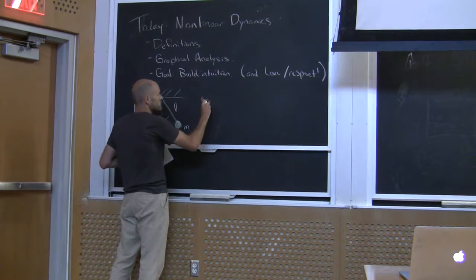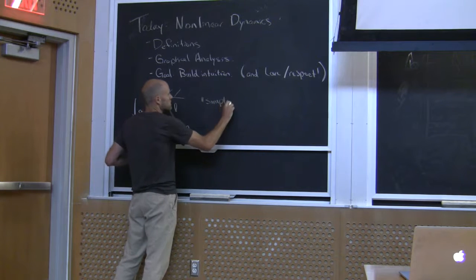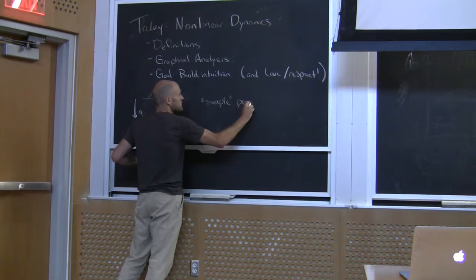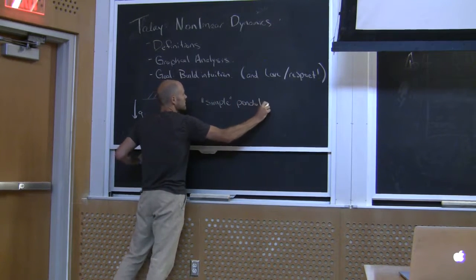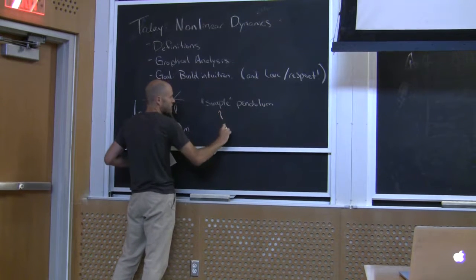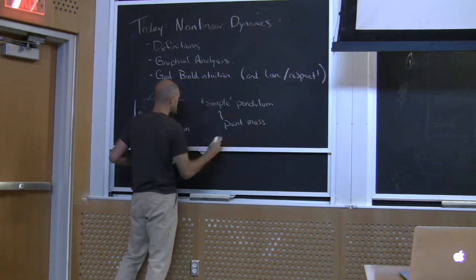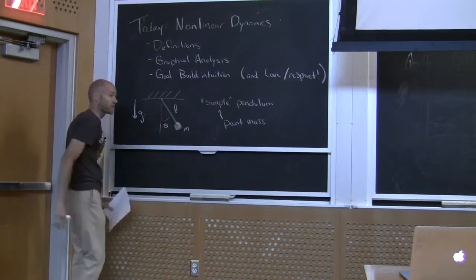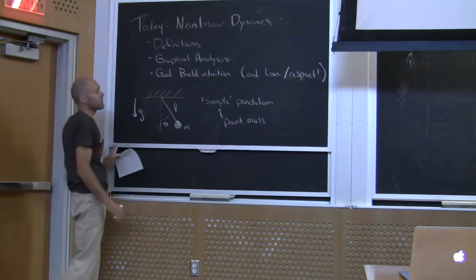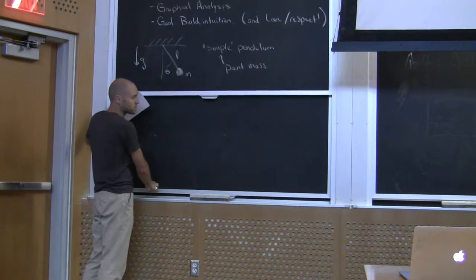It's simple because it's a point mass. That's sort of the main simplification. We're going to assume that the rod is massless and we just have a point mass.